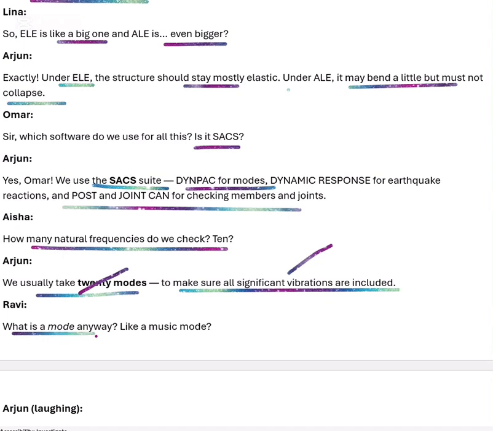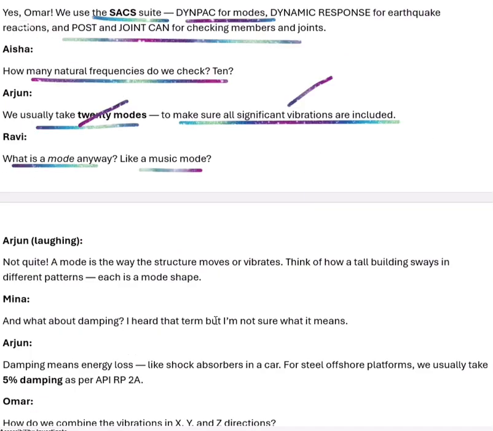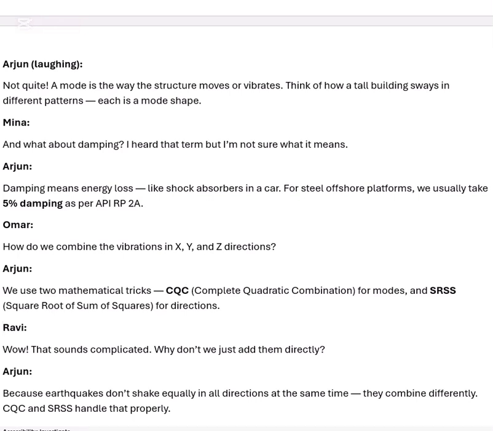What is a mode anyway? Like a music mode? Not quite. A mode is the way the structure moves or vibrates. Think of how a tall building sways in different patterns.